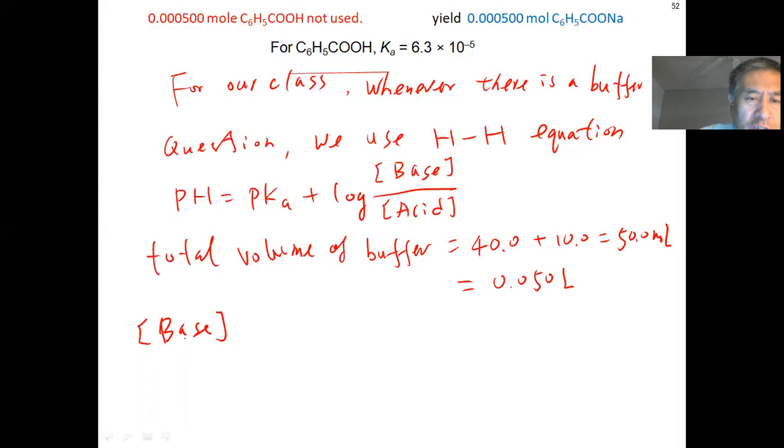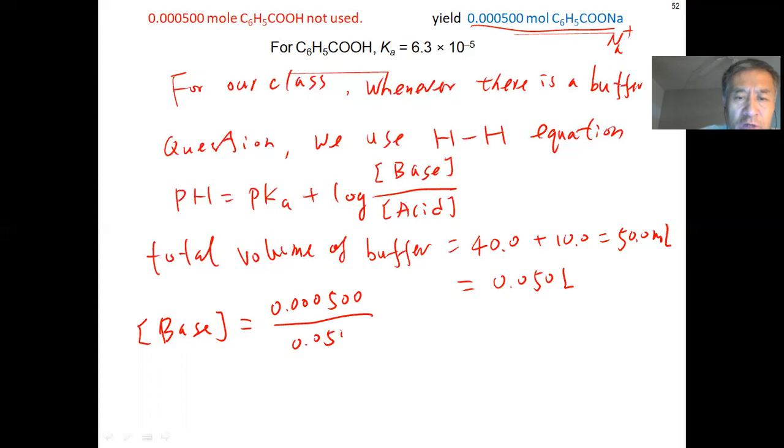So therefore, this base concentration, our base will be the C6H5COO negative, equals this. The Na is a spectator, so it doesn't matter. So we have 0.000500 divided by 0.050.